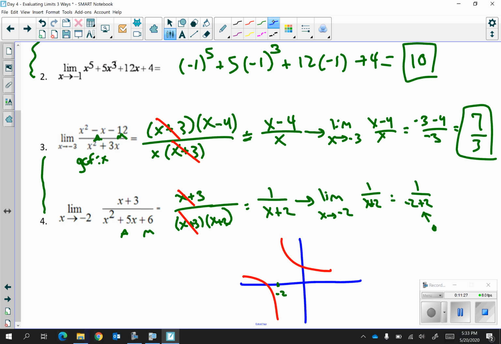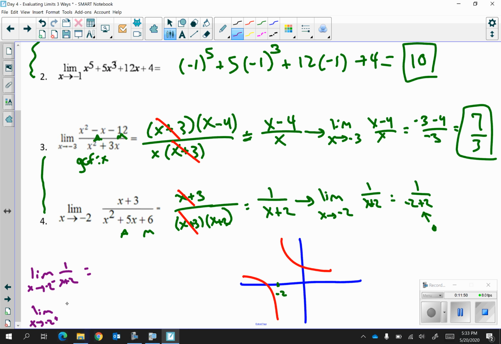In order to figure out this limit, what you're going to have to do is find the limit of 1 over x plus 2 as x approaches negative 2 from the negatives, and you want to find the limit as x approaches negative 2 from the positives.